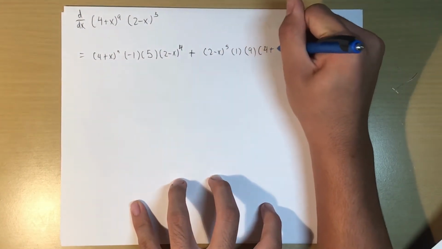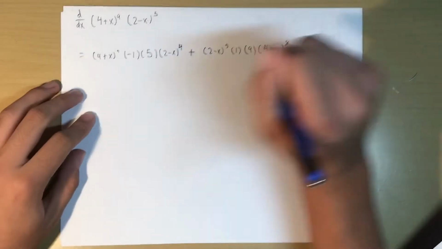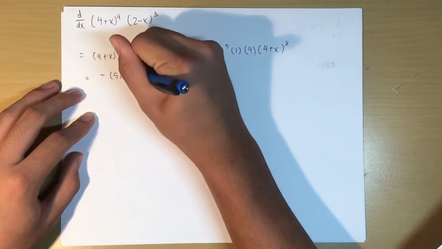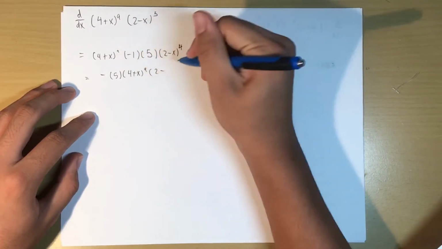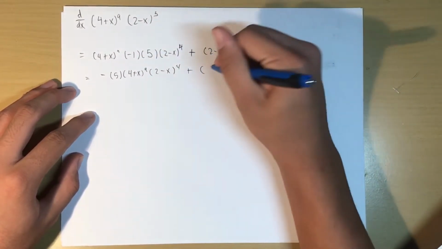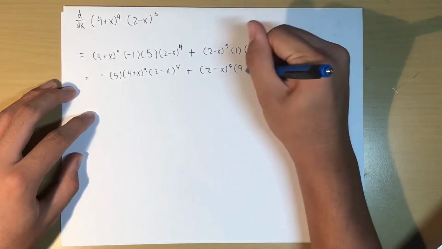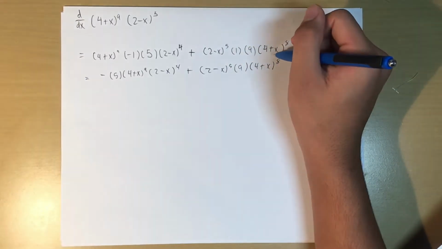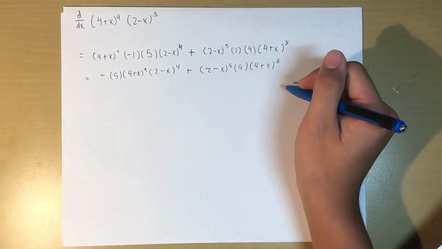The inside remains unchanged. 9 minus 1 is 8. And this can be simplified to negative 5 times 4 plus x to the 9th times 2 minus x to the 4th plus 2 minus x to the 5th times 9 times 4 plus x to the 8th. And this is the correct answer, but you can always simplify by multiplying, and I don't feel like doing that.